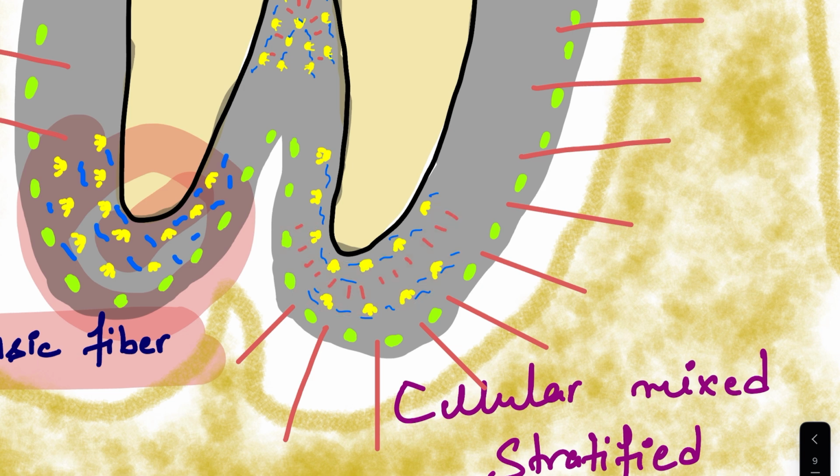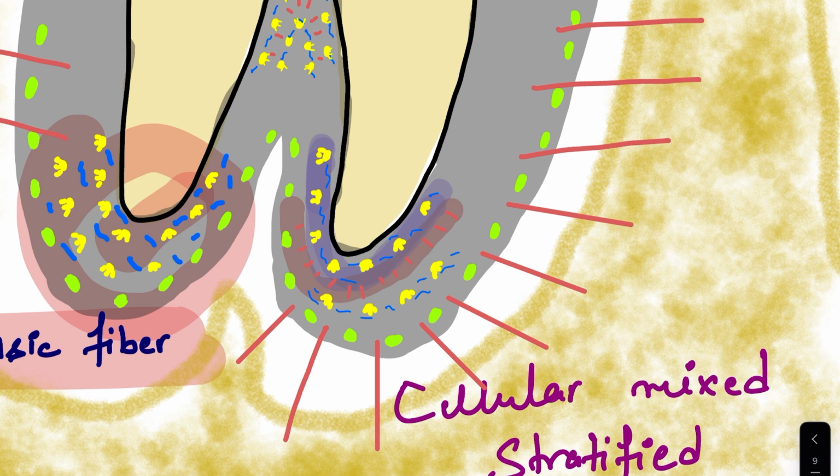So you will see a layer of cellular intrinsic fiber cementum, and then, I'll use a different color, a layer of extrinsic fibers. Okay, I'll draw a narrower one, so it'll make it easier for you to understand. So this you can see is the cellular type, and then in the next layer I have the extrinsic fibers.